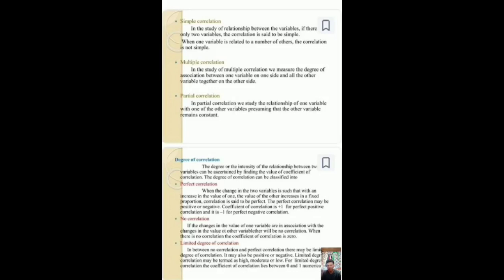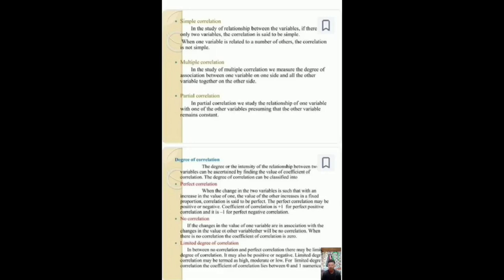Next, simple correlation. In the study of relationship between the variables, if there are only two variables, the correlation is said to be simple. When one variable is related to a number of others, the correlation is not simple.